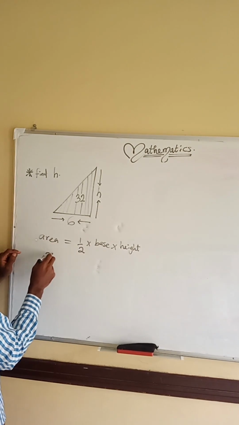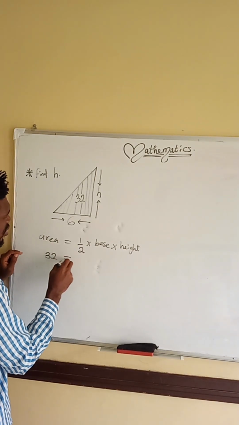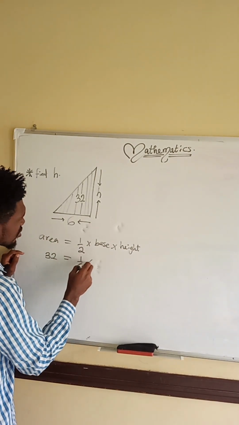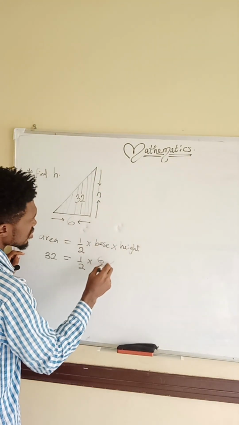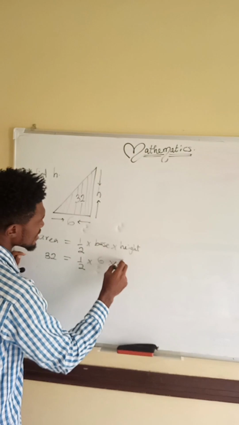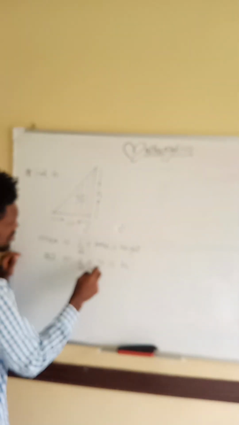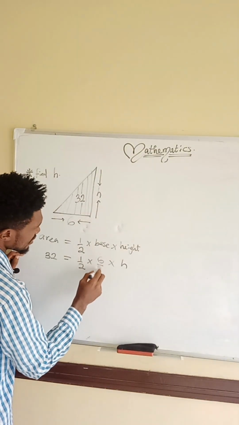So our area, 32, is equal to half multiplied by our base, which is 6, multiplied by our height, which is h. But remember, this is a fraction, so we also have to make this a fraction as well.